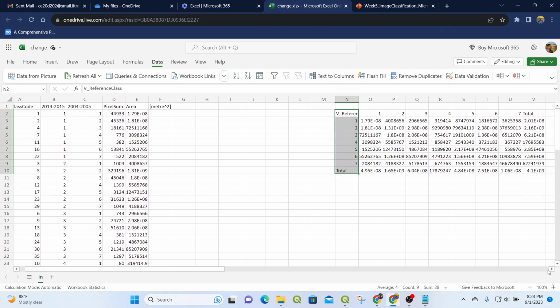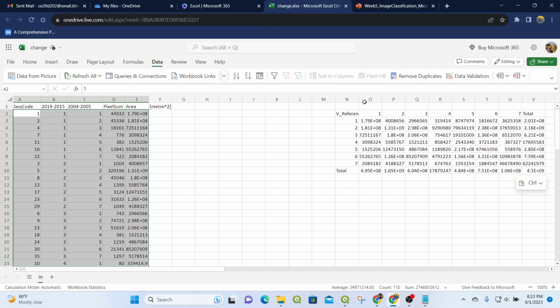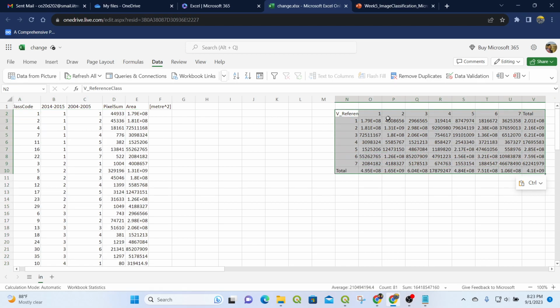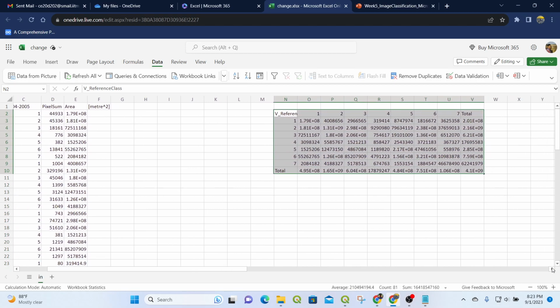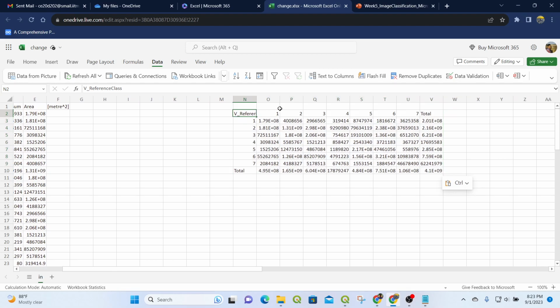So when you narrow down everything, this is the kind of output you will get. This is your reference class. This is your new class. All your principal diagonals are no change.